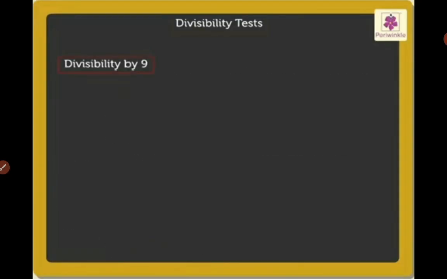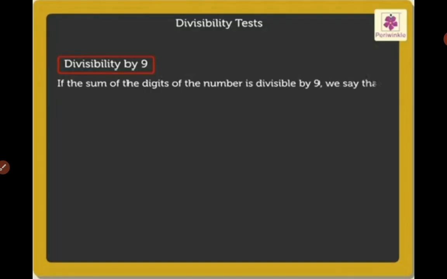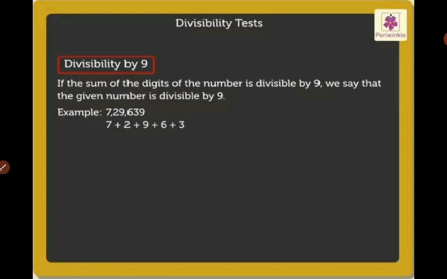Divisibility by 9. If the sum of the digits of the number is divisible by 9, we say that the given number is divisible by 9. For example, look at the number 7,29,639. Here, on adding the digits 7, 2, 9, 6, 3, and 9, we get the sum as 36, which is divisible by 9.